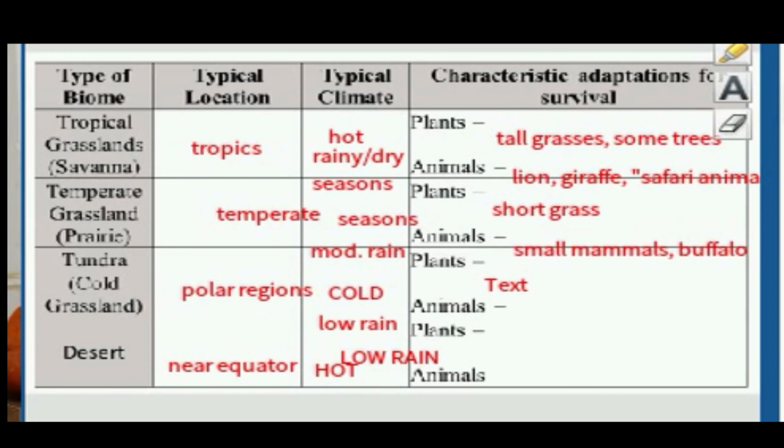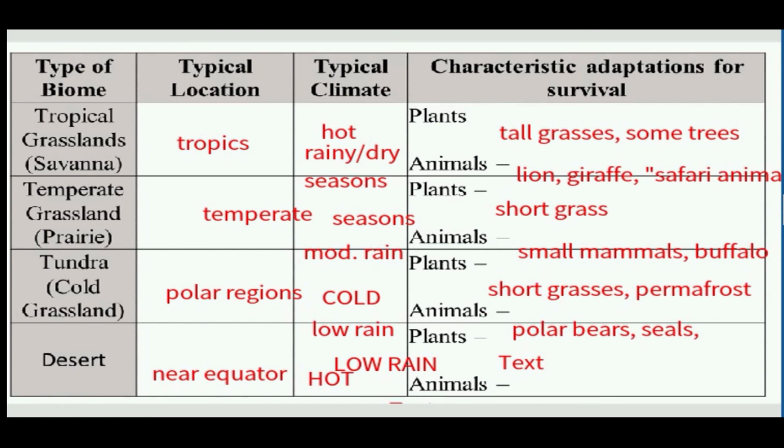That means the ground stays frozen all year round. Polar bears, seals, stuff like that. In the desert, you're going to have some succulents. And then you're going to have lizards, maybe some rodents, stuff like that.